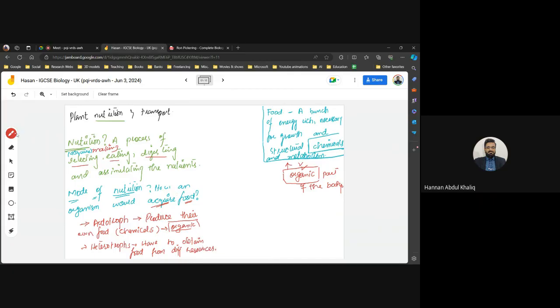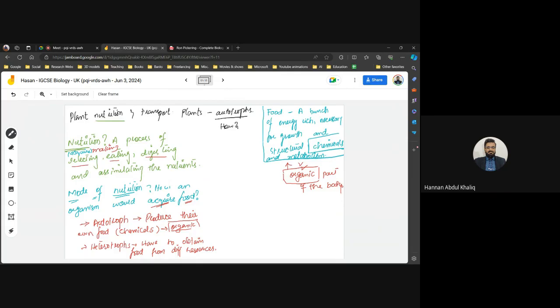And the plants are what? Plants are autotrophs. So it means that right now we can ignore the other category, heterotrophs. Now how do they do that?